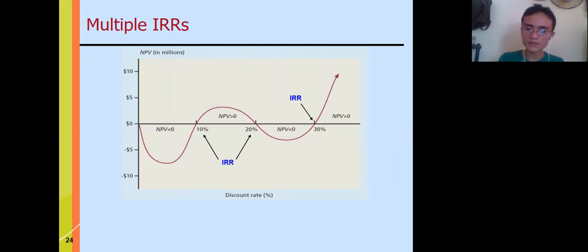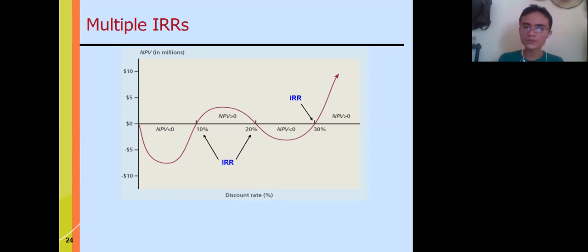So that's the problem, there's no real solution because three IRRs result from our computations. There's no clear solution on which one really satisfies the project.